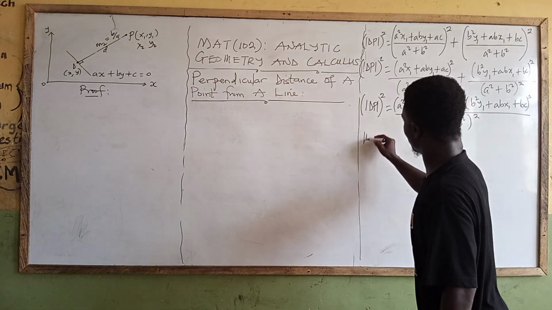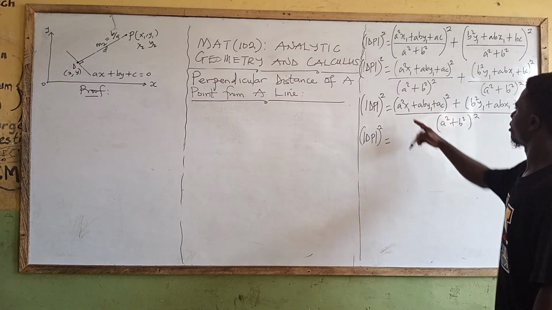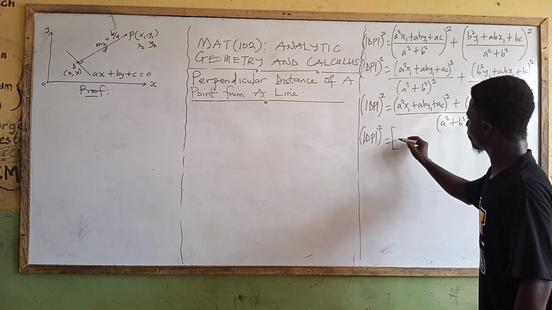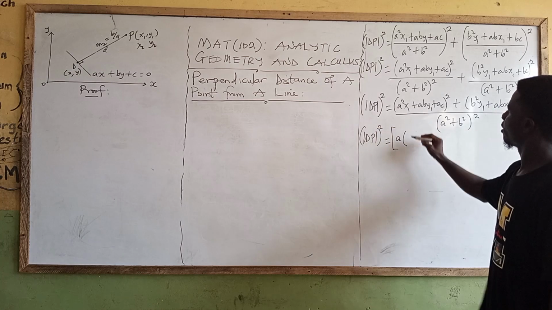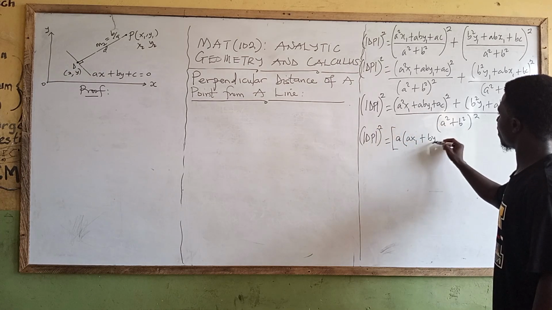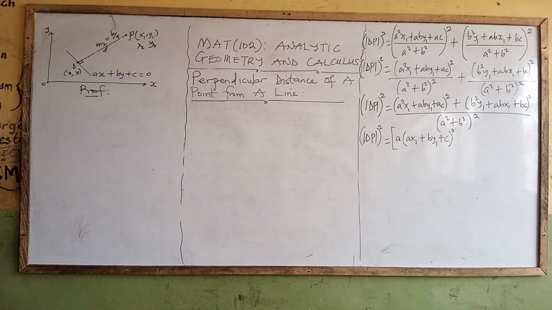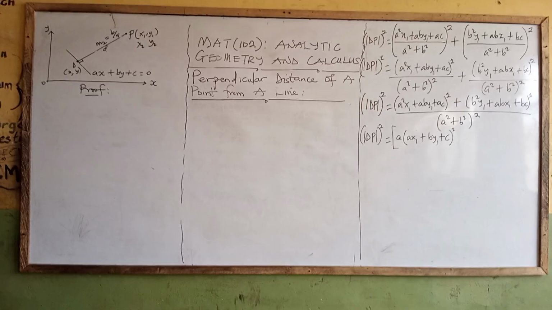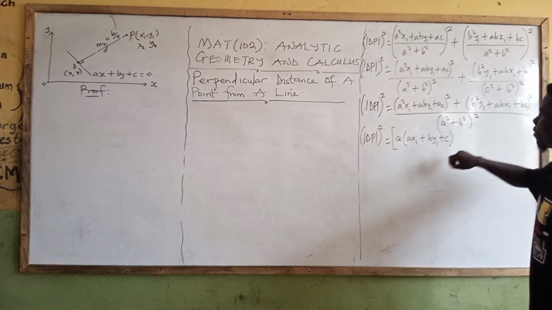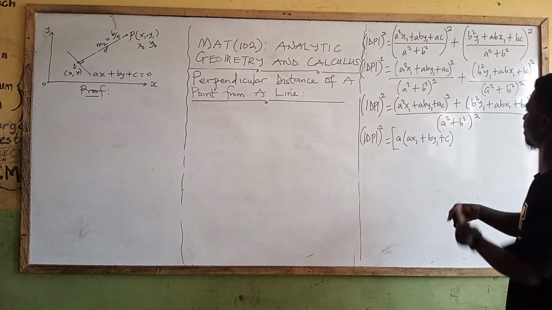So our length of DP all squared must be equal to, now we can factorize a out. So watch, we have to factorize a out. We get a x1, then plus b y1, then plus c all squared, right? Don't forget. So a out, then a x1 plus b y1 plus c, right?